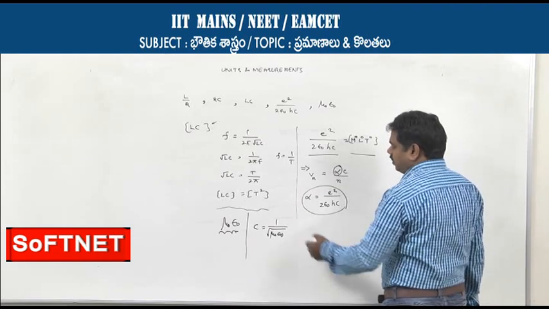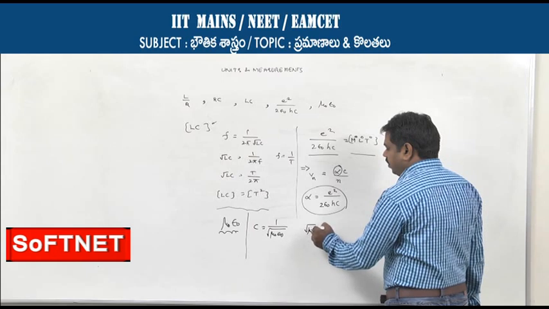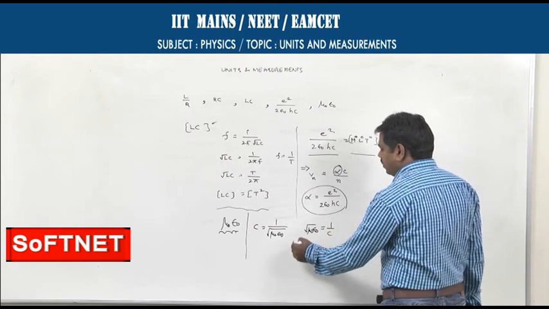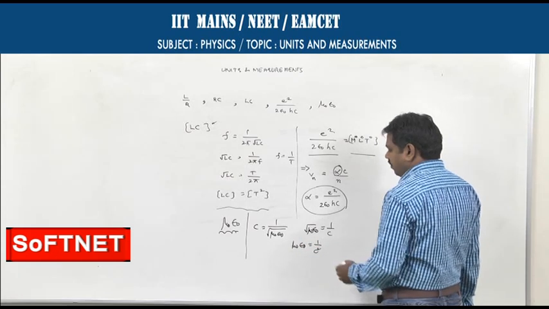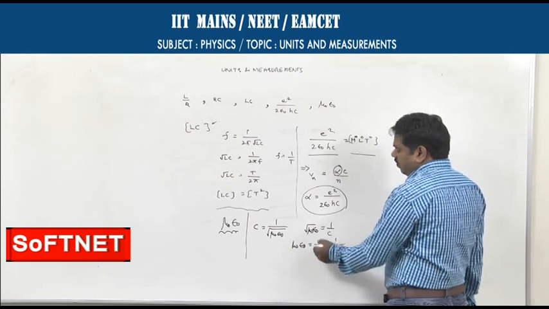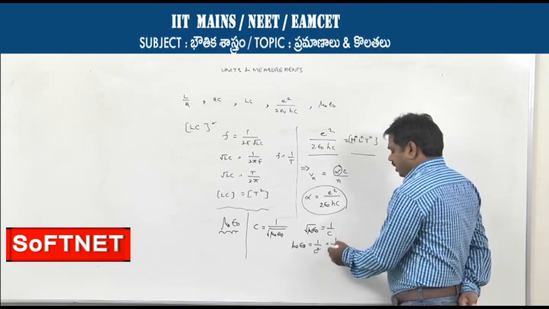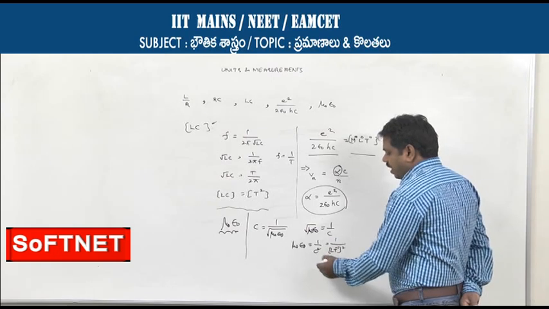How? Simply on cross multiplication you will get root of mu naught epsilon naught is equal to 1 by c. Squaring this, mu naught epsilon naught is equal to 1 by c square, which is nothing but the velocity dimensional formula, L T power minus 1, whole square.